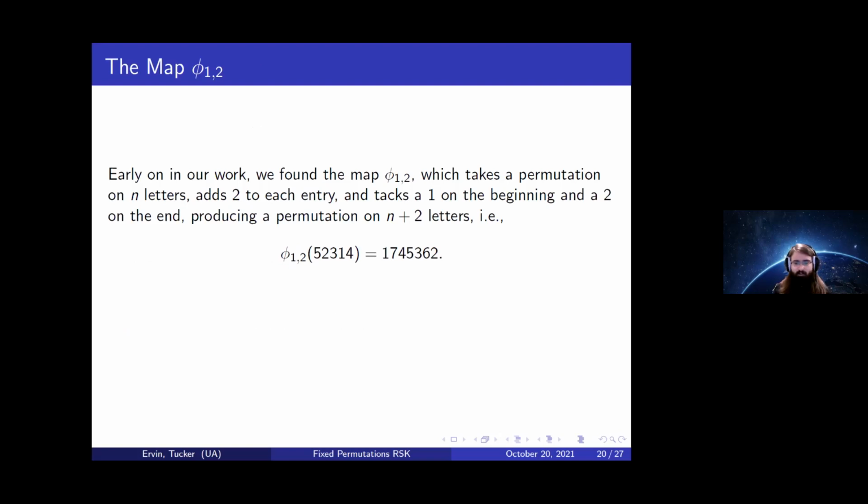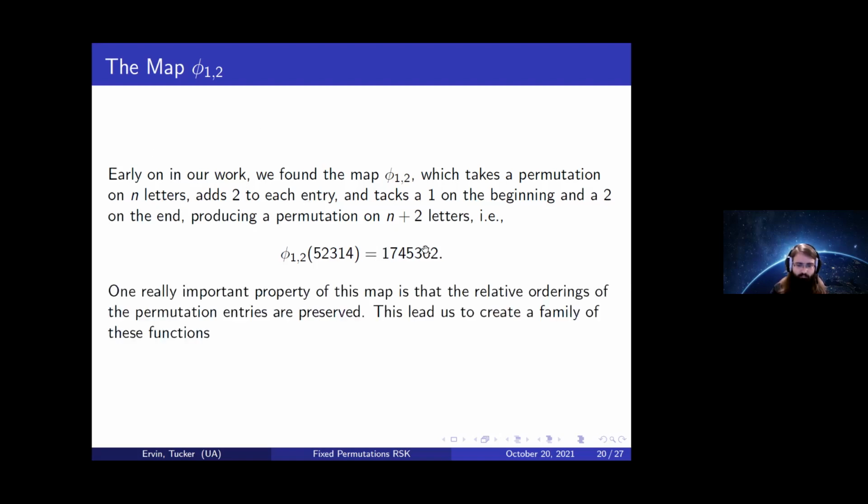But what it is: you have a permutation in one line notation, you add 2 to each entry, and you tack a 1 on the beginning and a 2 on the end, which is why we write it phi12. And this is going to produce a permutation on n plus 2 letters. So if we hit our running example with phi12, it's going to produce 1745362. And that really is a nice permutation on n plus 2 letters.